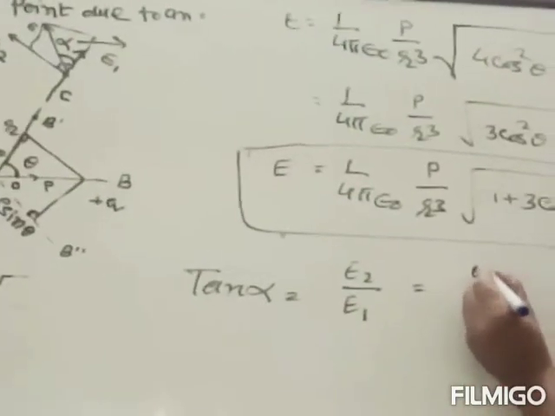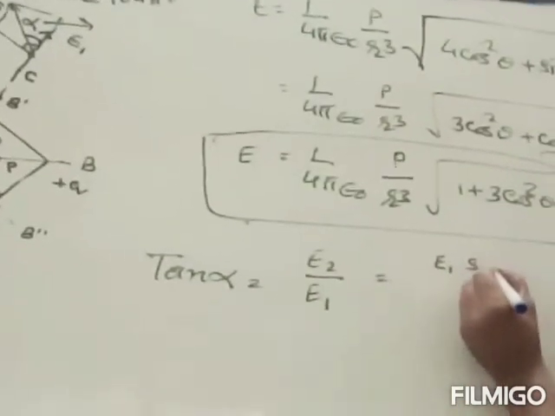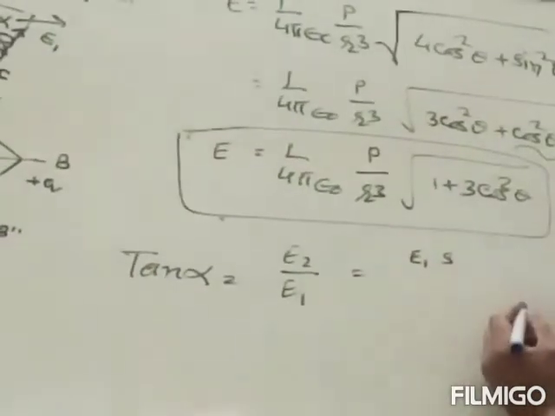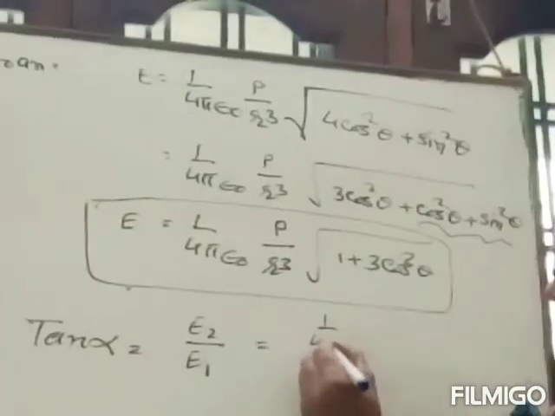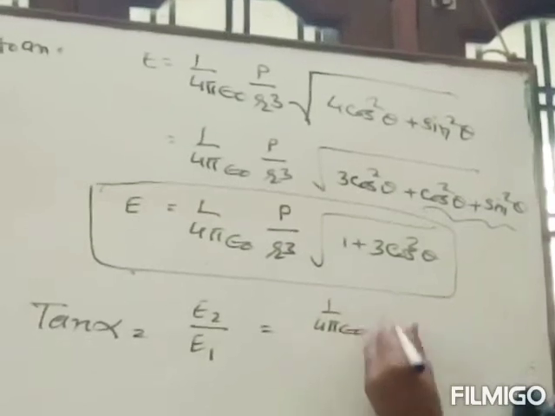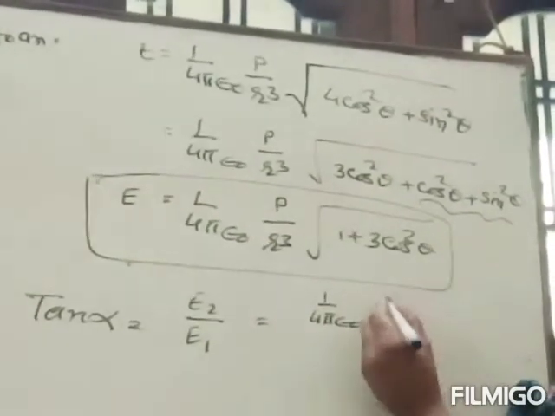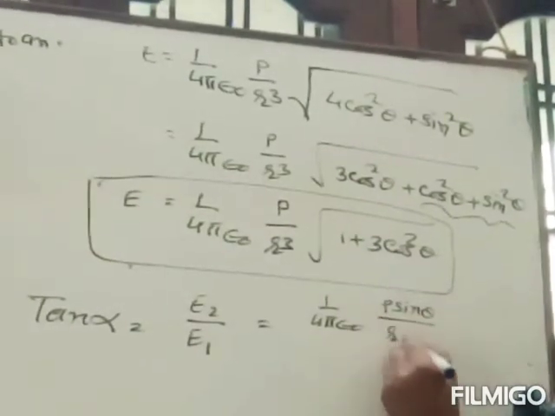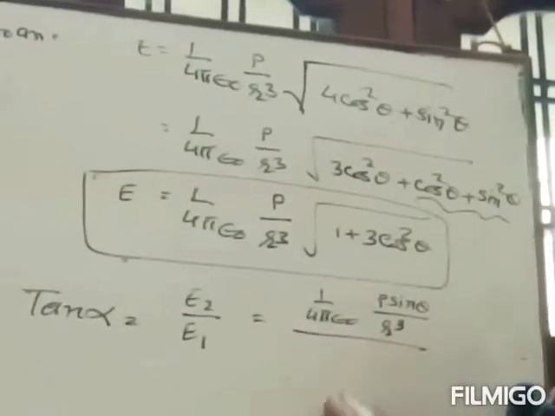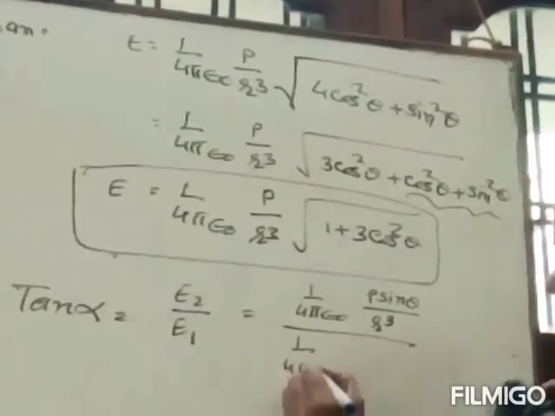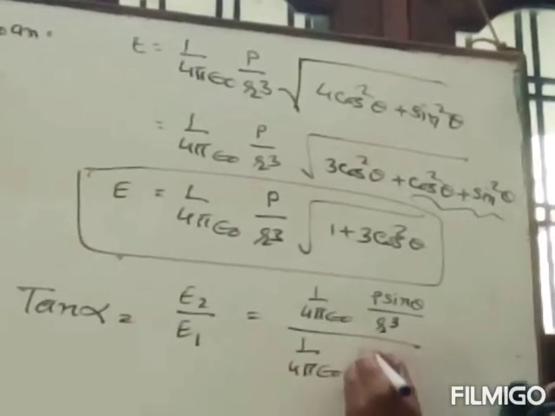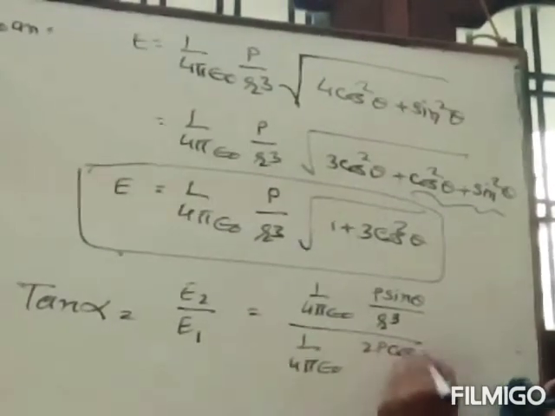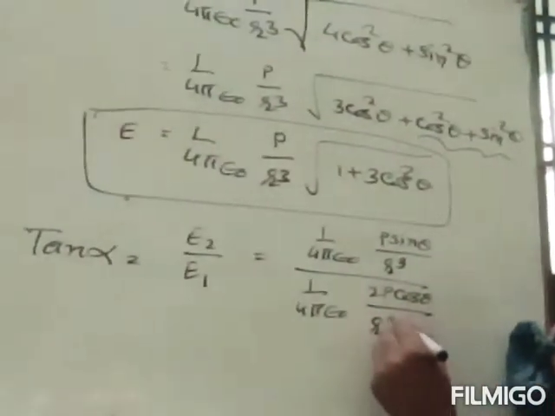E2 was 1 by 4 pi epsilon 0, P sin theta by R cube, upon E1, 1 by 4 pi epsilon 0, 2P cos theta by R cube.